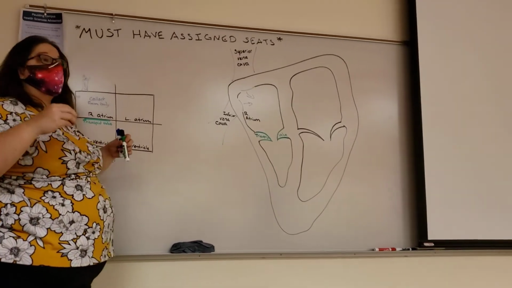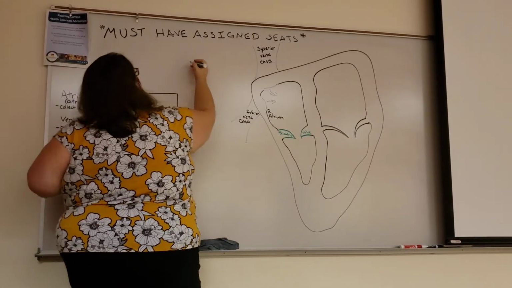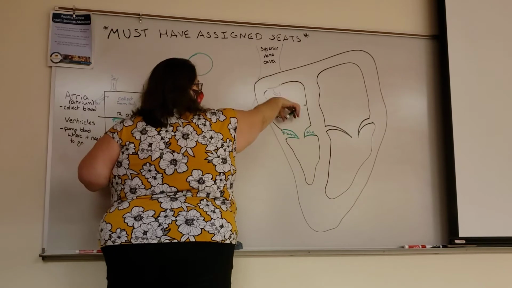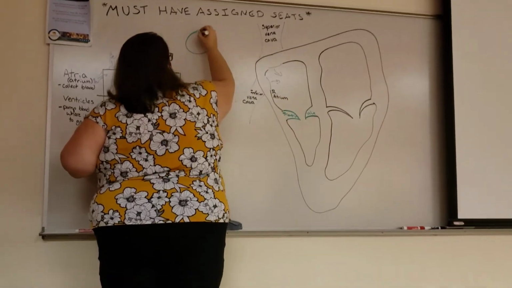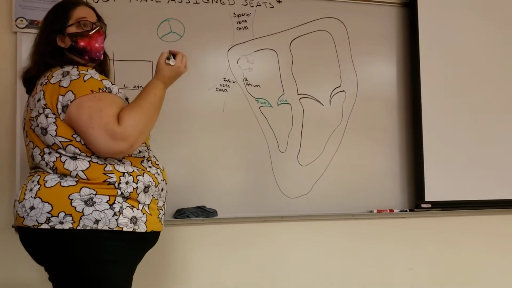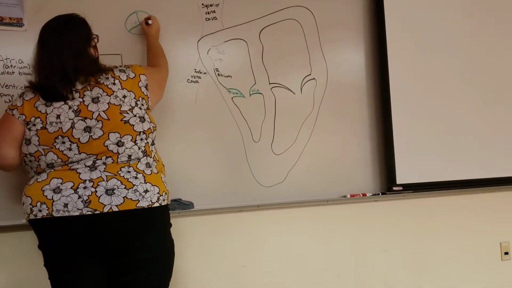It's called your tricuspid valve, and you guys will see this on the models, because when you're looking at it from down below in the heart, it looks like a little peace sign. It has 3 little flaps to it.